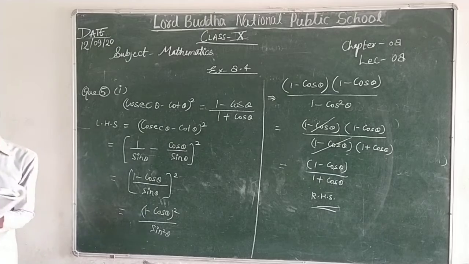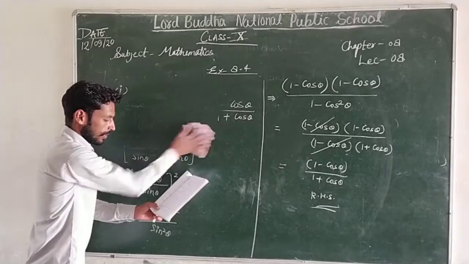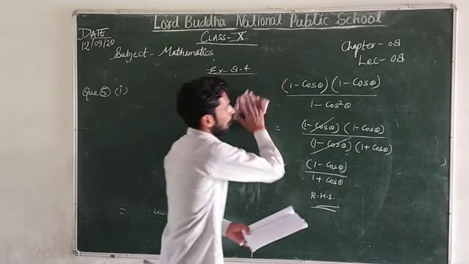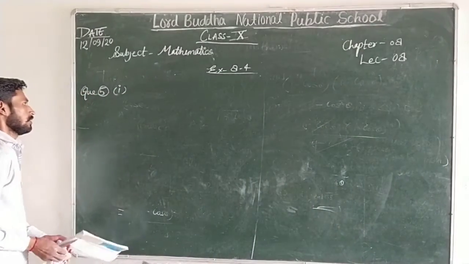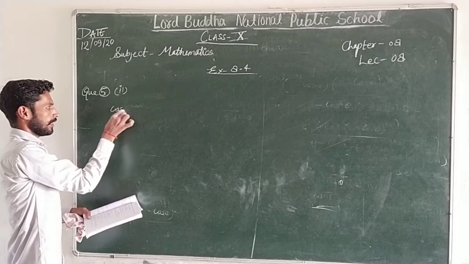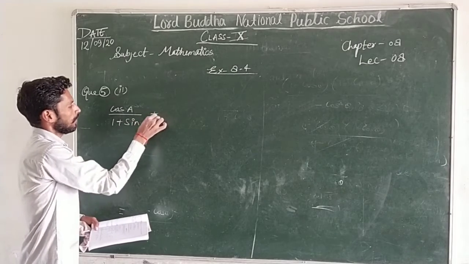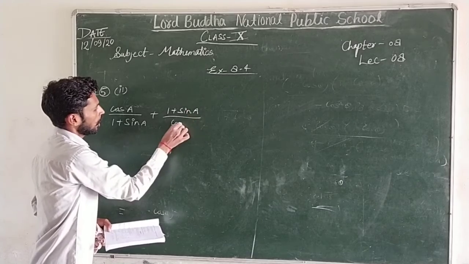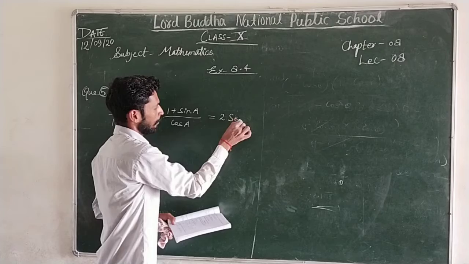Next we are going to solve the second part of this question, that is cos A upon (1 plus sin A) plus (1 plus sin A) upon cos A. The second question is cos A upon (1 plus sin A) plus (1 plus sin A) upon cos A, which is equal to 2 sec A, and we have to prove it.